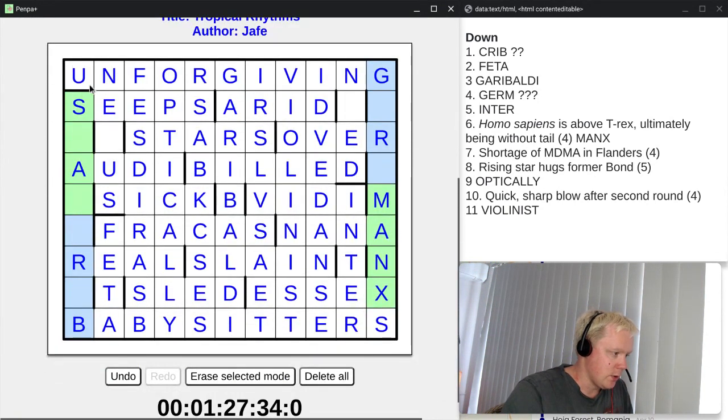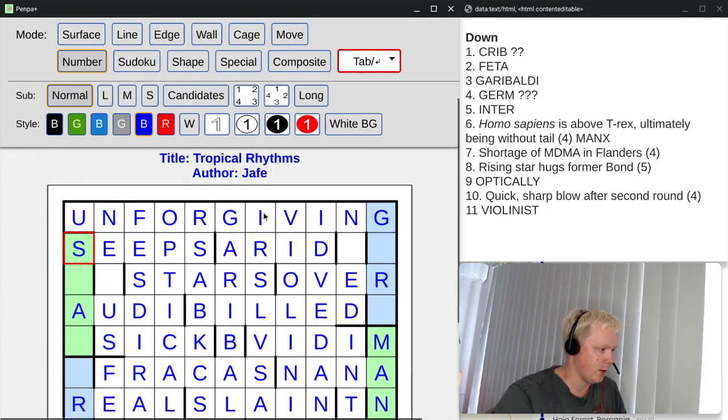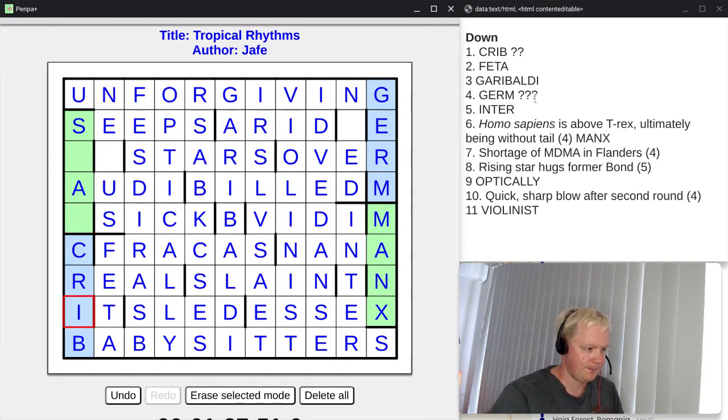So this U is not used by the down clues, and this is one down answer, this is one down answer. Same story here. And now we know this is germ and this is crib, and not the other way around. So finally, crib goes in, germ goes in. Question marks go out.